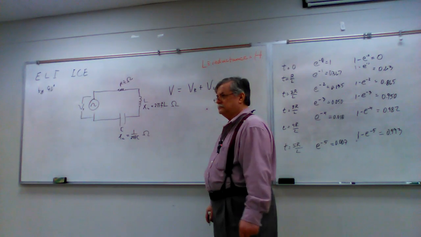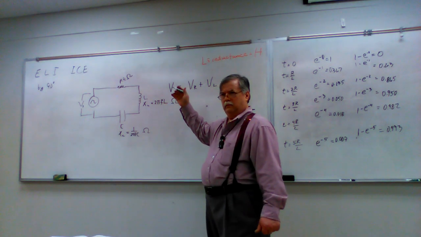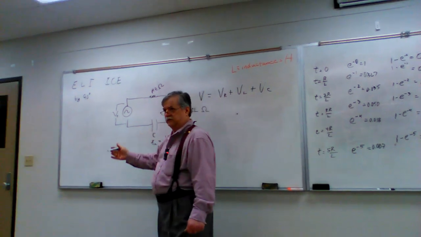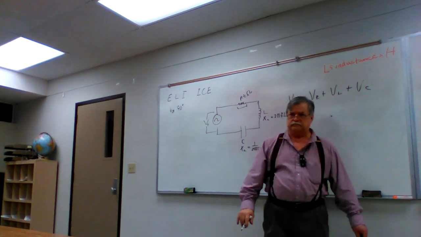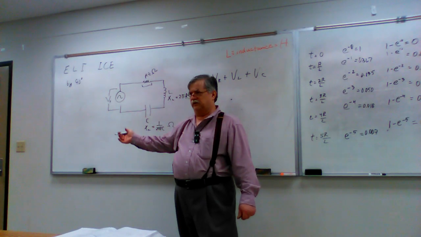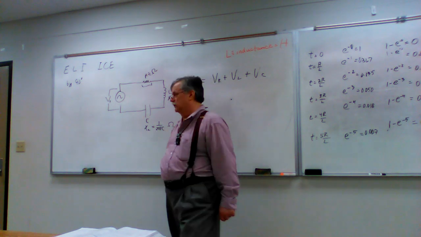Okay? What's the total? And we no longer use the word resistance, because resistance is this part. How many of y'all have done the phasor diagrams and the imaginary numbers? Okay, y'all know where I'm going with this? Okay, good enough.